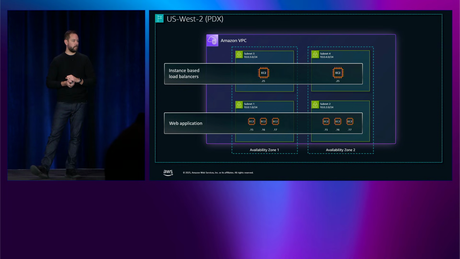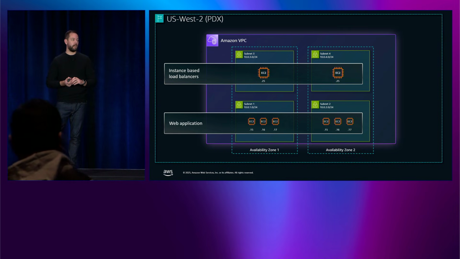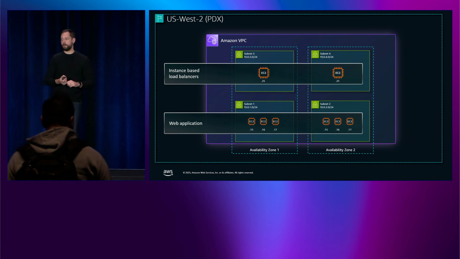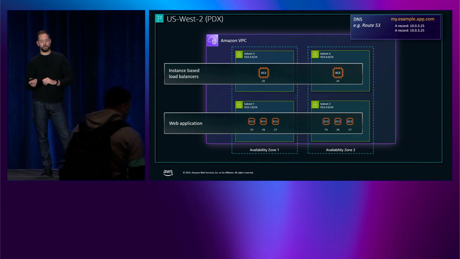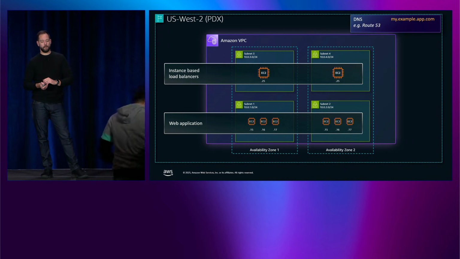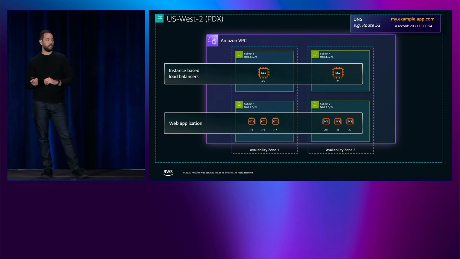You can also deploy instance-based load balancers in AWS, and a lot of customers do this, particularly on products like our AWS Outposts products that don't have our network load balancer and gateway load balancer, which I'll talk about. But here we've got instance-based load balancers, and again, we've got our A records, or you could have a single public IP, an elastic IP, and at the internet gateway, you can monitor your first load balancer and shift that elastic IP assignment to your second load balancer.